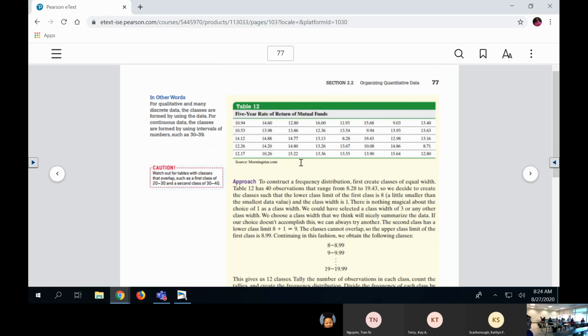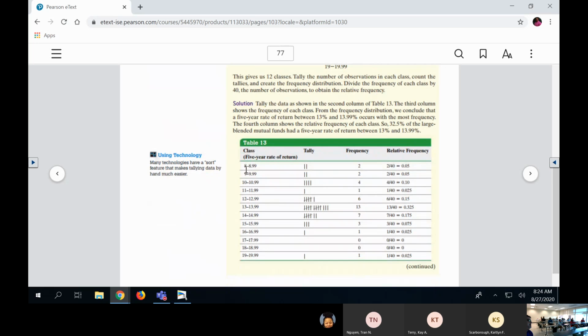But here they have the classes right there. And then here's the head count. And of course, this is the relative frequency. Now, to turn it into a percentage, you got to multiply by 100. So that's 5%, 5%, 10%, 2.5%, 15%, and so on.